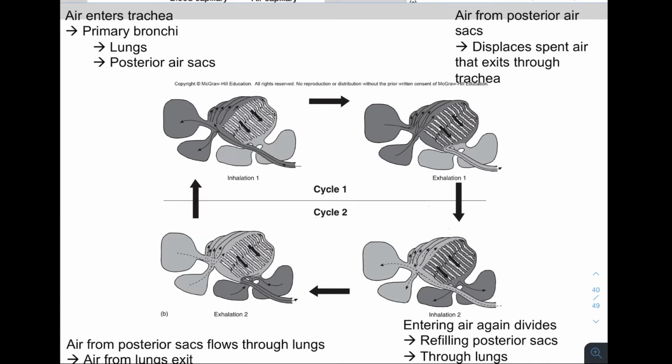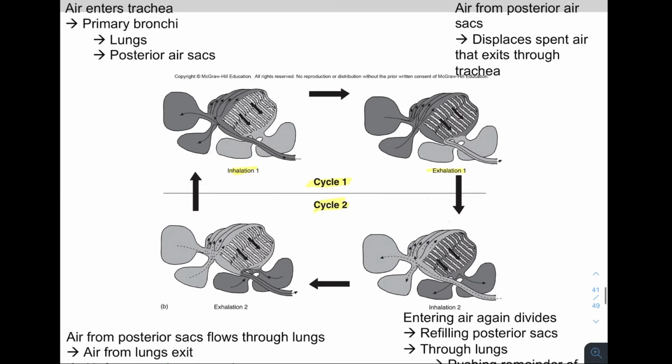Let's look at how birds can achieve a unidirectional flow of air for respiration. We have to divide it into two cycles. You see cycle 1 on top, which has an inhalation 1 and an exhalation 1. And you see cycle 2 on the bottom, which has an inhalation 2 and an exhalation 2.